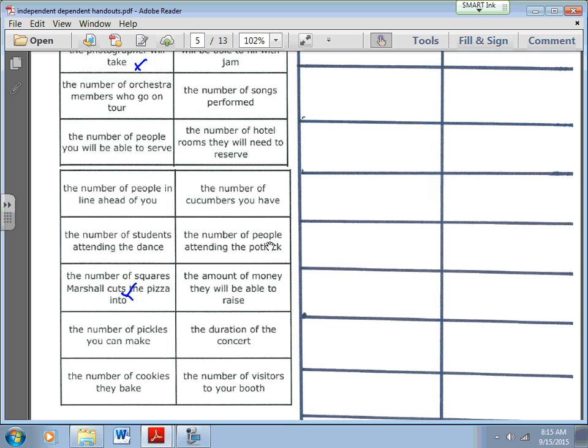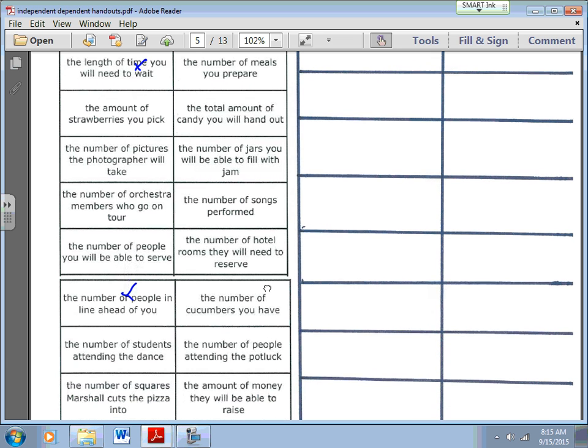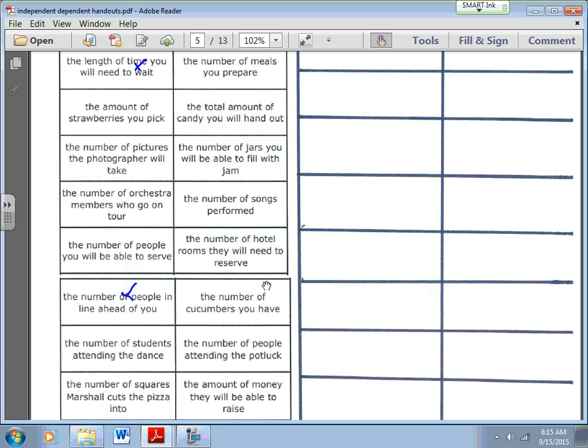Oh, okay, the number of people attending the potluck is the one that matched with the number of people you will serve. No, the number of meals you do. Oh, the number of meals you provide and the amount of people that attend the potluck. Which one depended on the other one? The number of people you will be able to serve depends on the number of people for that.